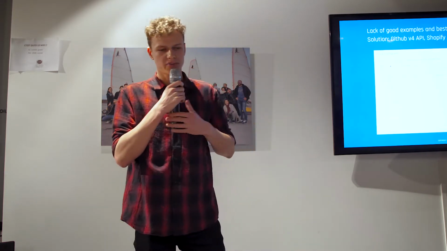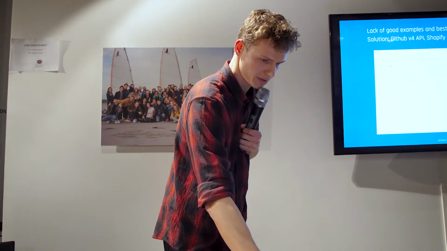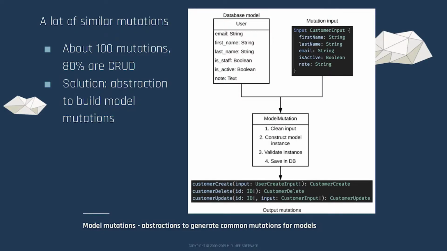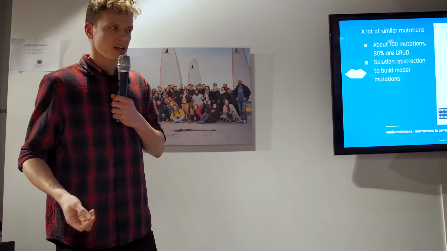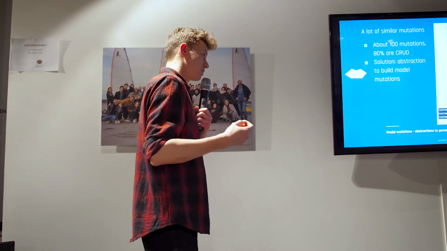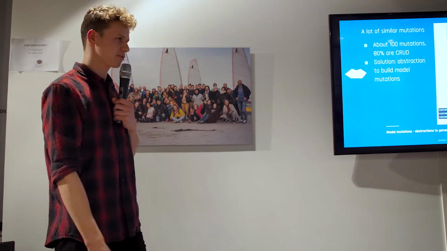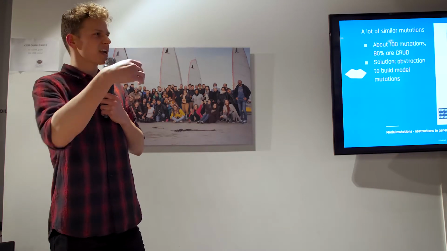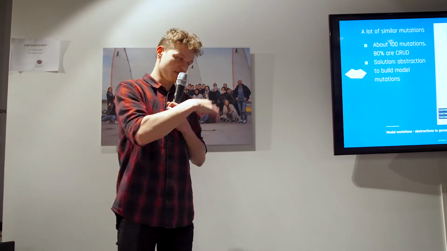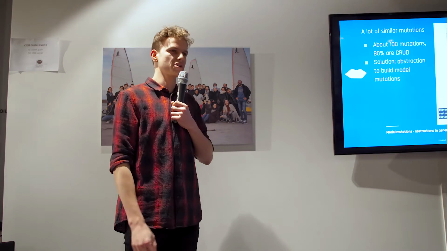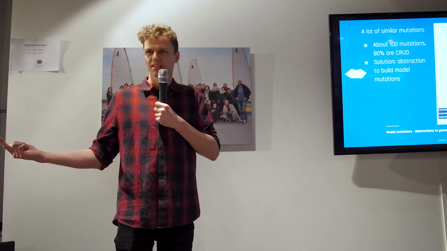So there are a lot of very nice patterns in this API, and I used that a lot at the beginning. Another thing is also about designing mutations, and as I said before, we had about 100 mutations in this API. Most of them are pretty similar, because if you have a project with about 30 models and you want to provide an API to cover those models, most of the operations are creating, updating, deleting stuff.